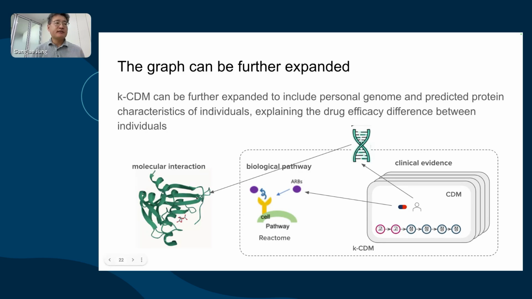We can predict the protein structure based on personal genome sequence data. And we also have AI-based prediction mechanisms that can predict the affinity between the protein structure and some chemical compound. By expanding this graph into genomic sequence data and further extending it to this AI-based prediction data, we can explain the drug efficacy difference between individuals.